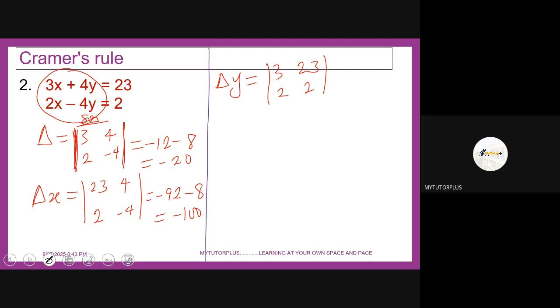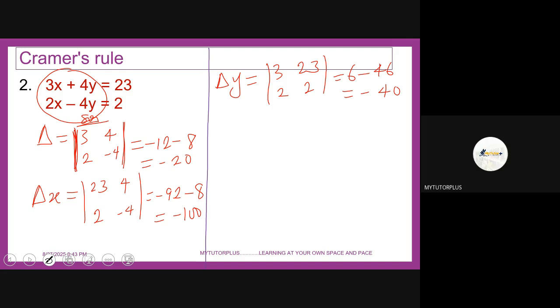So let us find the determinant of this now. What will be our determinant for this? 3 times 2 is 6, minus 23 times 2, which is 46. And that will give us minus 40. Am I correct? Yes.